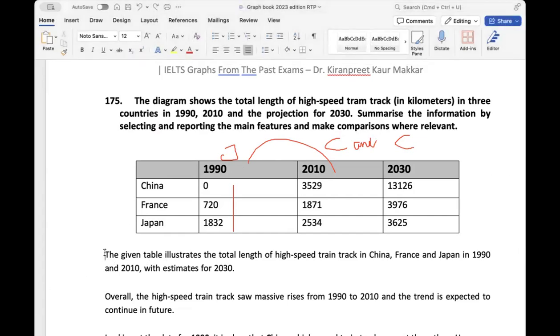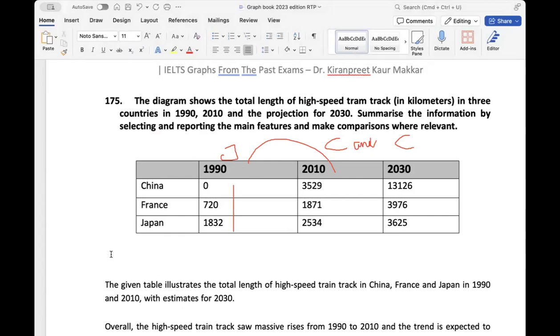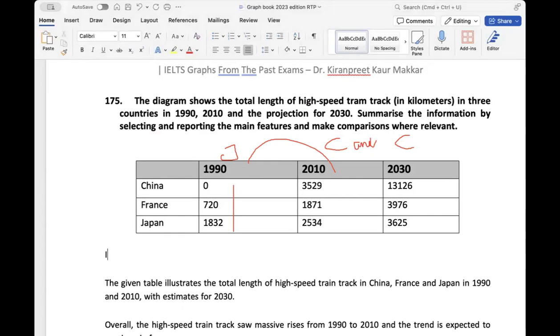If somebody is confused here, I'll quickly write it. So it can be seen that Japan had the maximum length of high-speed tram track in 1990. This is the first year. Now I'm comparing with the second year. I'm going to use the word while or whereas. Why am I using that?